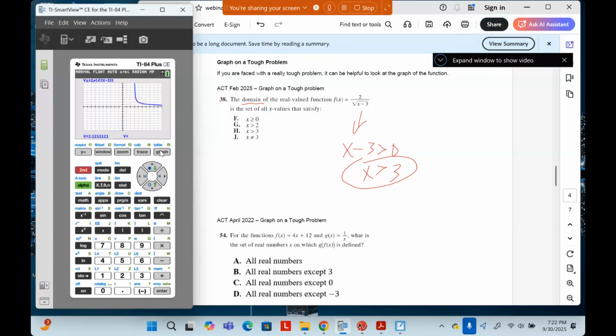And I really like looking at the table. Tom, did you teach your students how to use the table a lot? Do you like using the table for this? I love the table, and I even think maybe even graph table at the same time. So if you haven't seen that, so mode, if you go down to, even on the old calculators, it used to have GT mode on the 83.